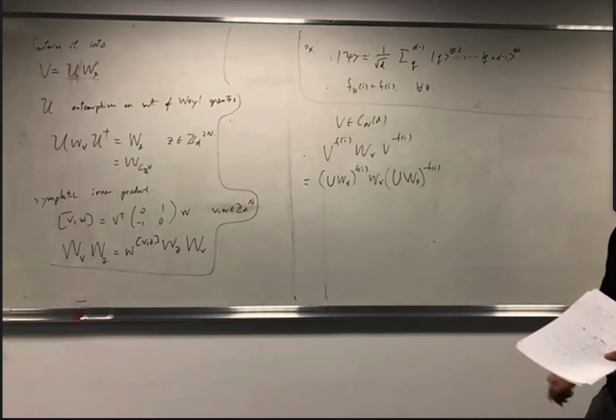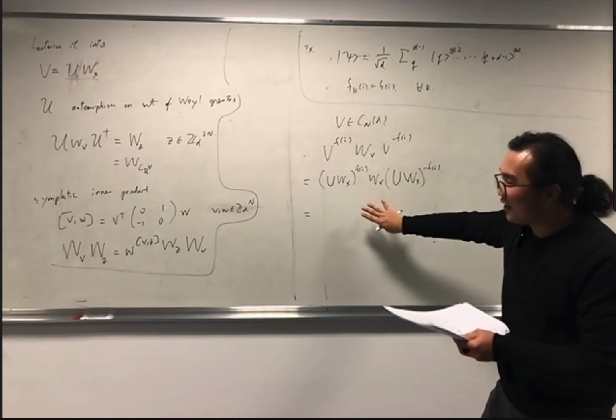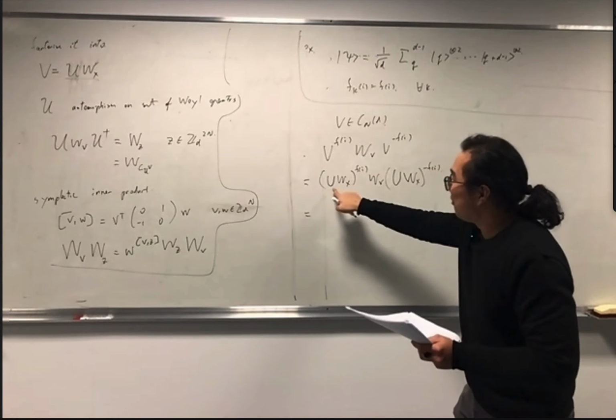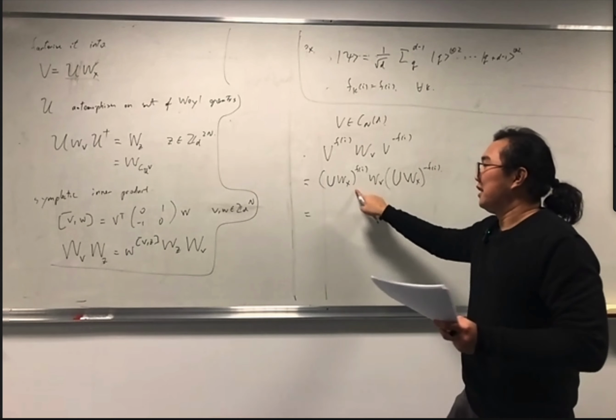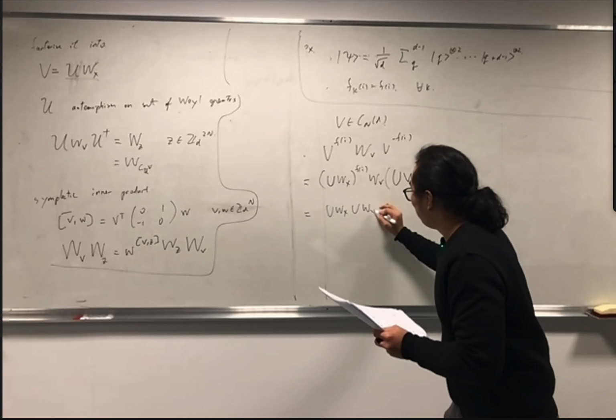Okay. And then the computation gets a bit messy, but the whole idea is you keep on pushing this U to this side. So you have U, X, U. I do the first filter.